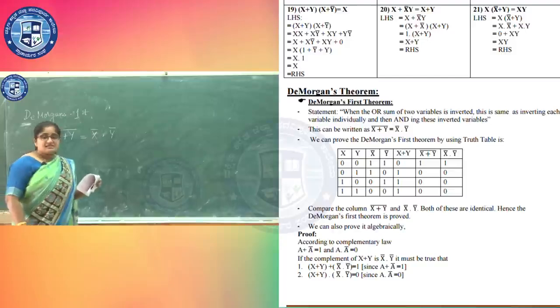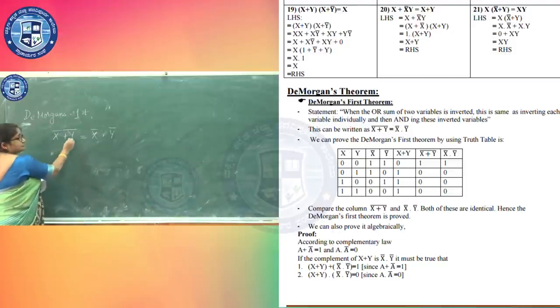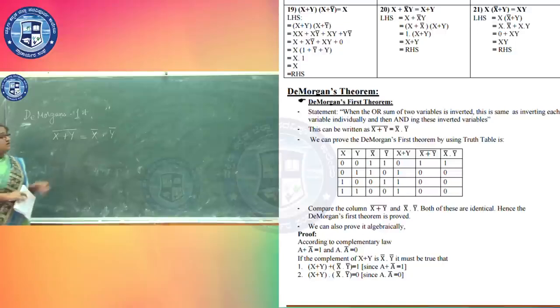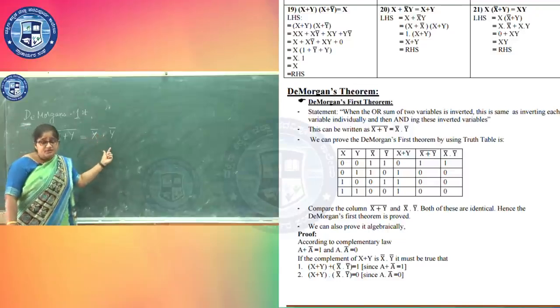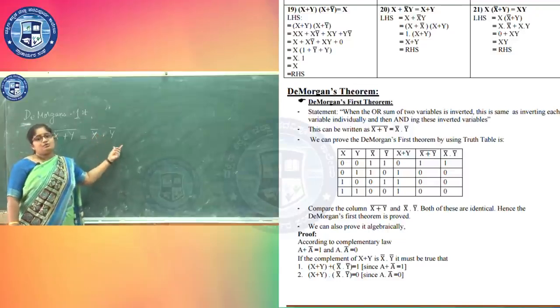So this can be written like this: x plus y whole dash. We cannot say x plus y dash because we are having the bar for the whole expression. That is why it is x plus y whole dash, which is equivalent to x dash and y dash.